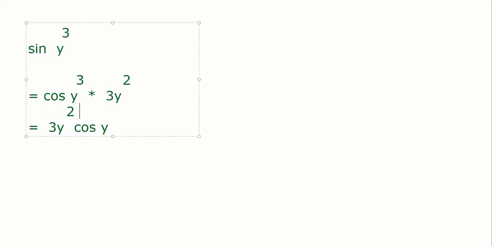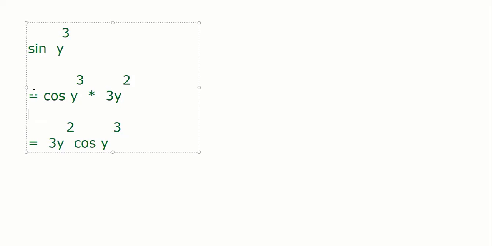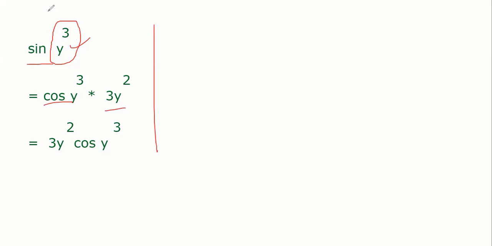Is it clear, Tusham? That is how we do it. First we assume this has a simple parameter x or y only. So sine of y is cos of y. Then we differentiate this separately, into this. That's it.